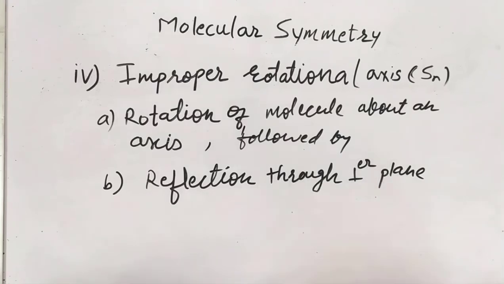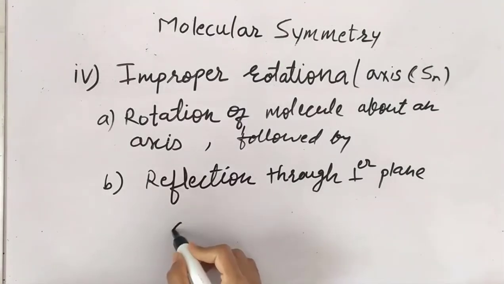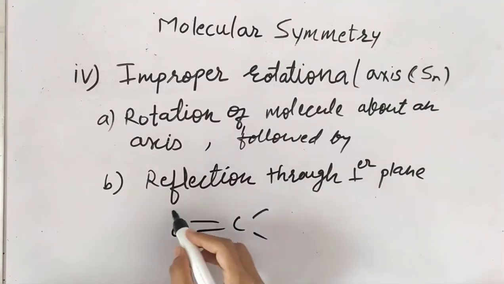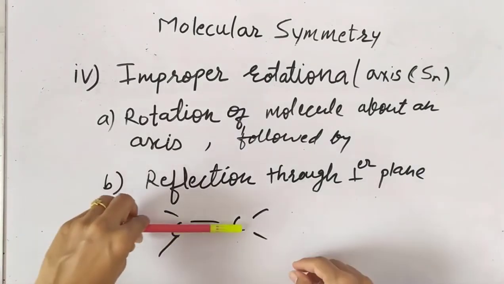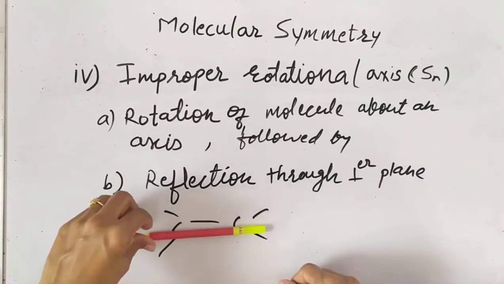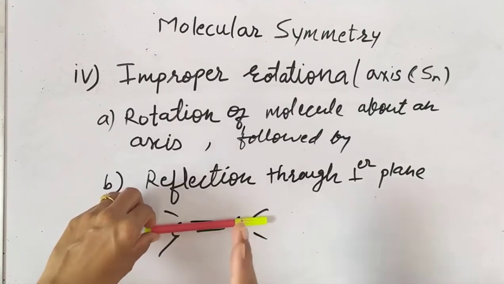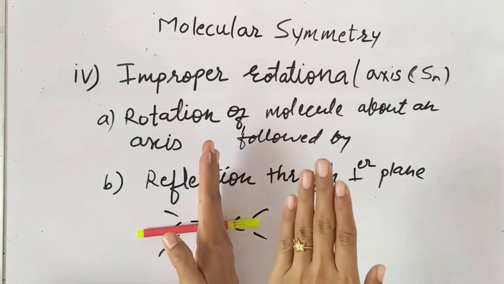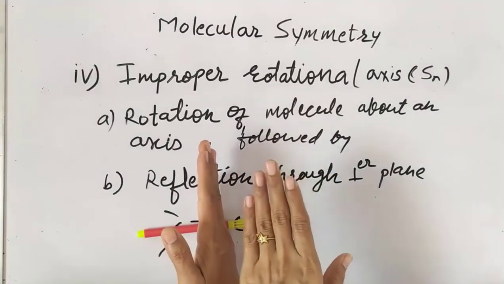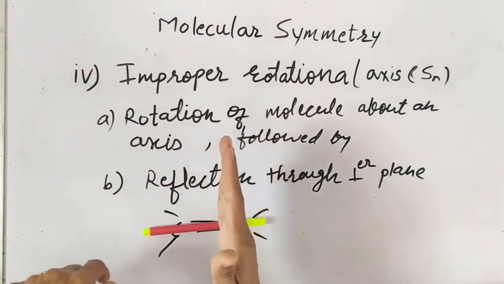If you can see the previous example that I have drawn, then I have drawn the rotational axis which is passing through these carbon atoms, and then I have taken the reflection like this. Means this half was reflected on this side and this half was reflected on this side.